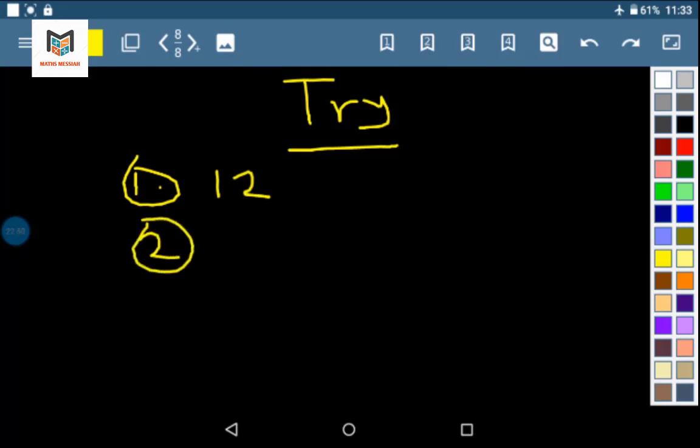The second one is 36. And then the third one is 45. Try this work. Pause the video and try it. I'll provide the answer, but you must try them first.